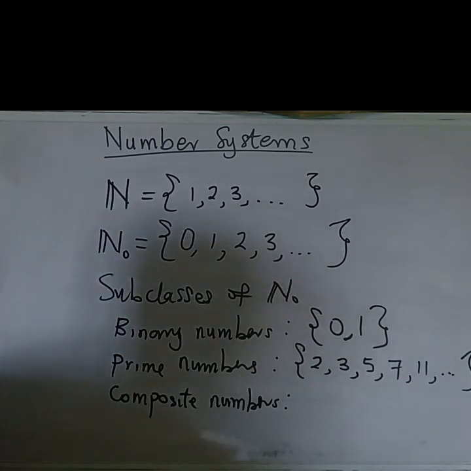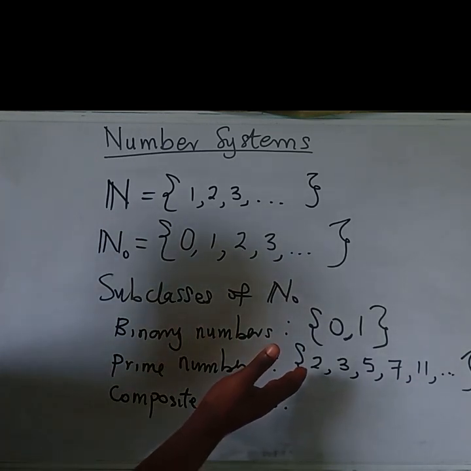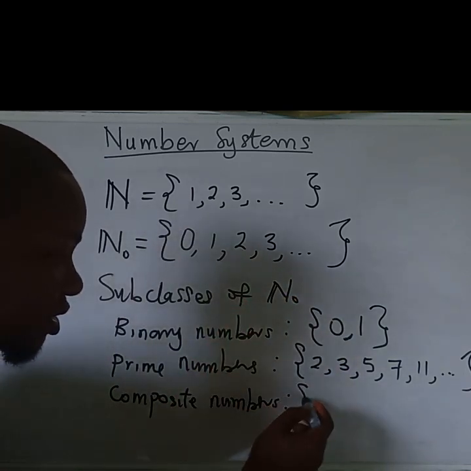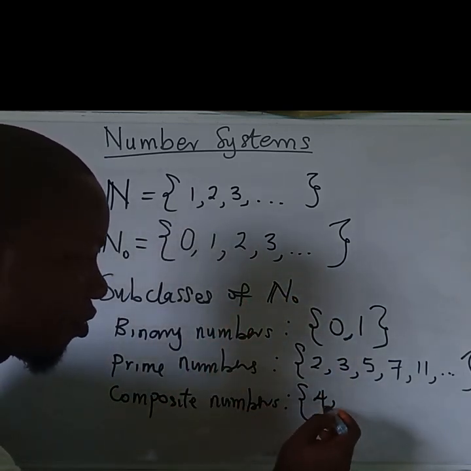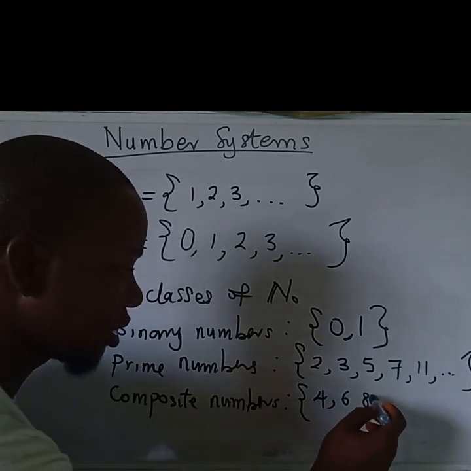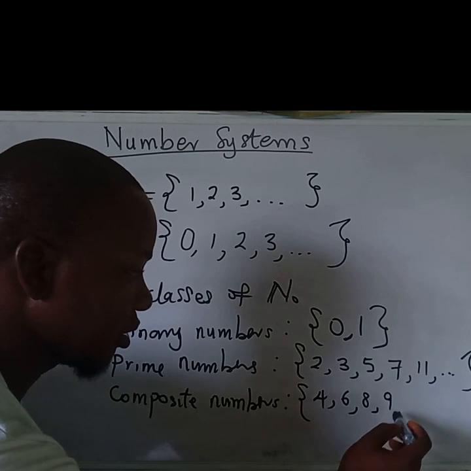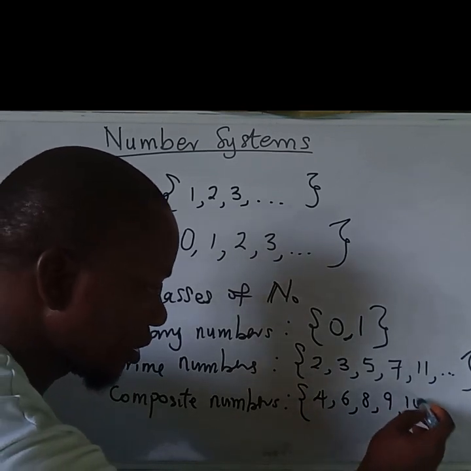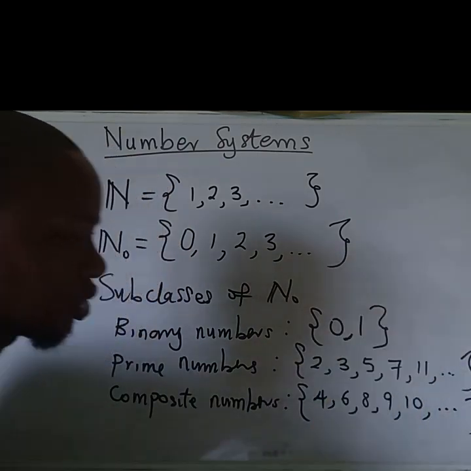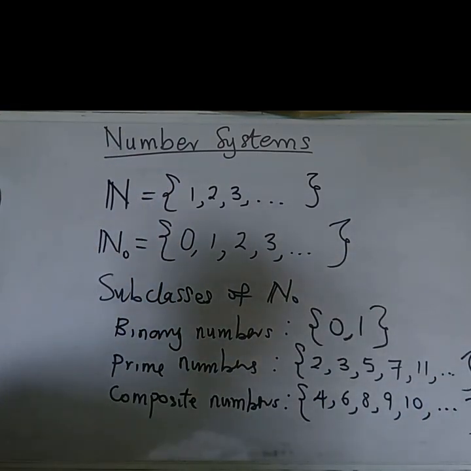If you look at it, it means after the omission of the primes, the remaining numbers such as 4, 6, 8, 9, 10, up to positive infinity are what are referred to as the composite numbers.